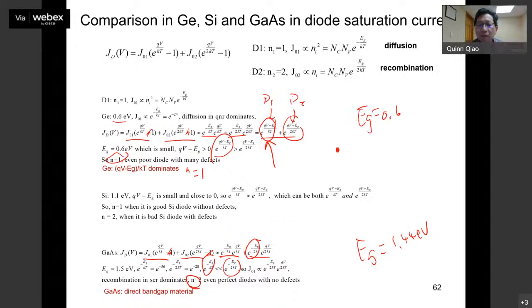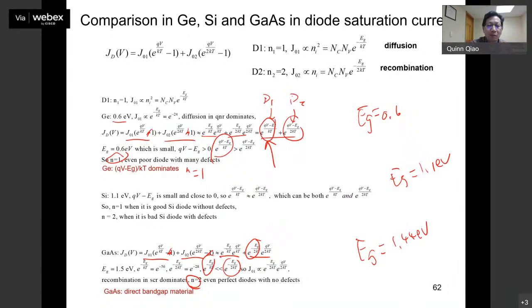Now you may care about silicon. Silicon's band gap is just between these two. When you study this, you find that silicon is interesting: it depends on quality. If the depletion region has high quality, it will go with n equal to 1. If it has low quality, it will go with n equal to 2. Why is that?